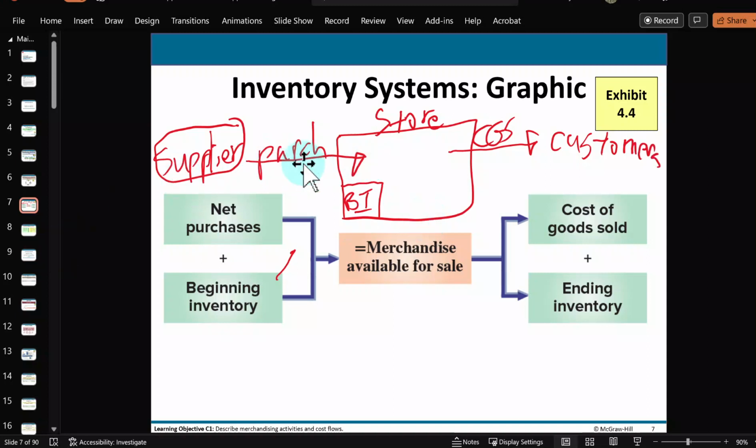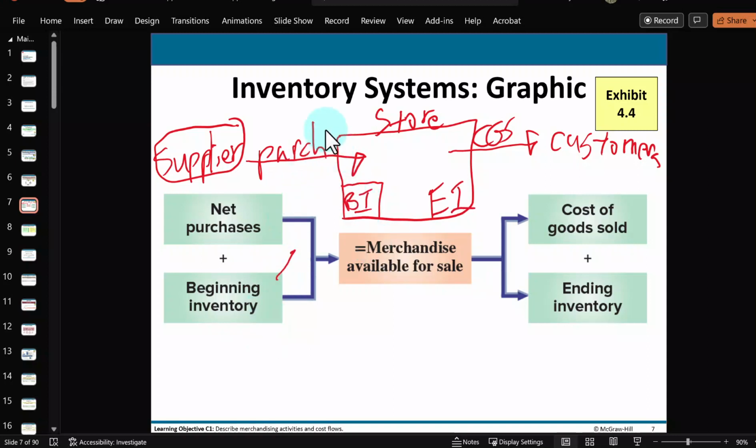Okay, so we're buying and then we're selling it out, including this stuff we didn't sell from the previous year. So now at the end of the period, at the end of the year, there's still stuff on our shelves unsold, and that's the ending inventory.